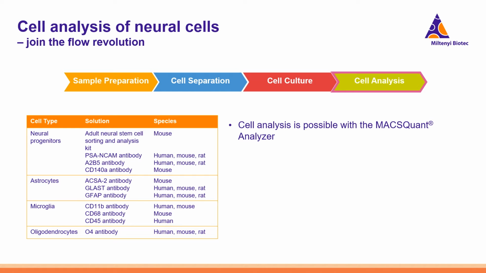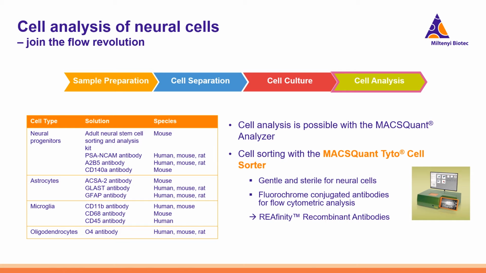But in case you are more interested in isolating cells based on more than one marker, and for this the isolation with our MicroBeads wouldn't be sufficient, we can recommend the MACSQuant Tyto cell sorter, because this instrument provides a very gentle and sterile way of sorting, and this is specifically helpful for the sensitive neural cells.